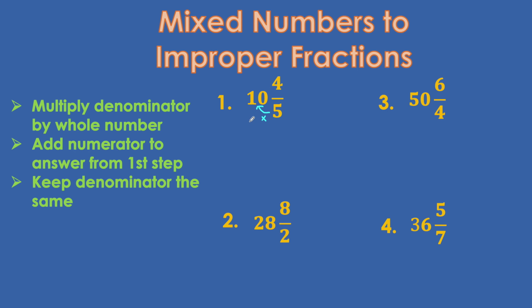So in the first step, we multiply the denominator by the whole number. We can write it down if we need to. So we're really multiplying 10 times 5, which equals 50.